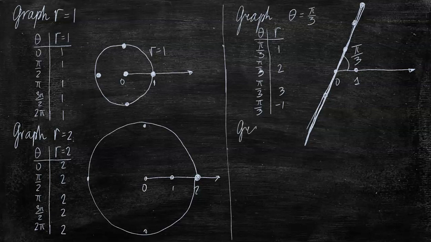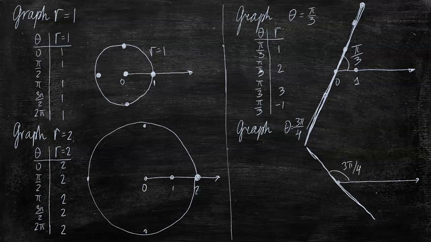So similarly, you can graph theta equals 3 pi over 4. It will look something like this. It's just going to form an angle 3 pi over 4 with the x-axis right here. So this will be the graph of this line.